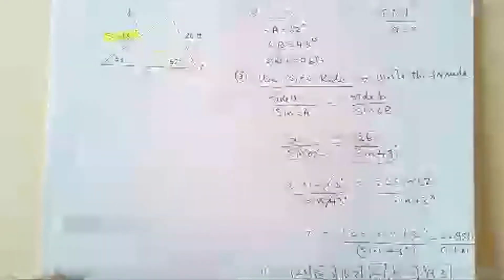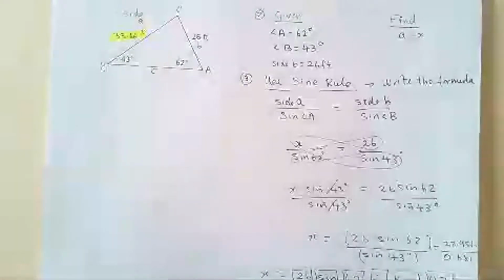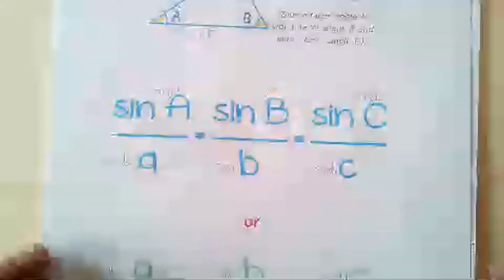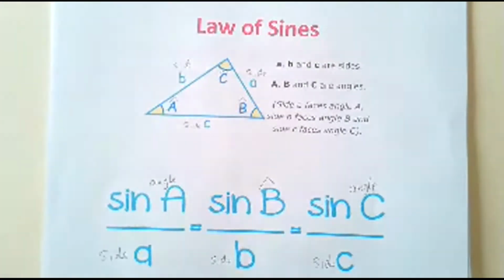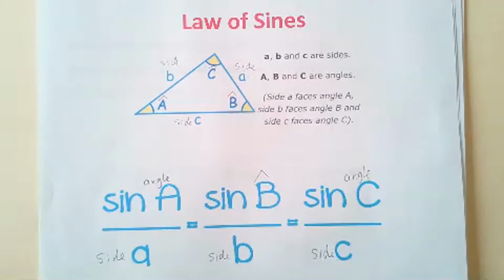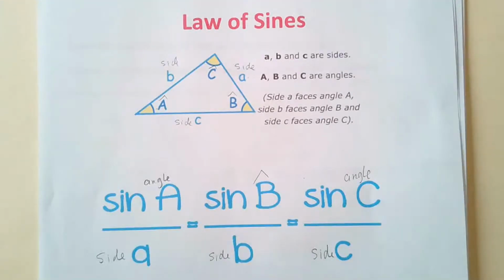So let's recap. We use the law of sines, or the sine rule, for triangles that are not right angle to find either a missing side or a missing angle.